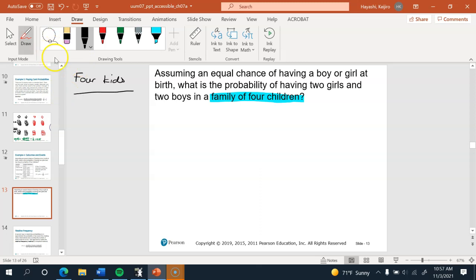those are going to be, let's just write lowercase g's. Okay, so they can all be girls. There's going to be 16 of these, so be sure you want to commit to that if you're writing this down.